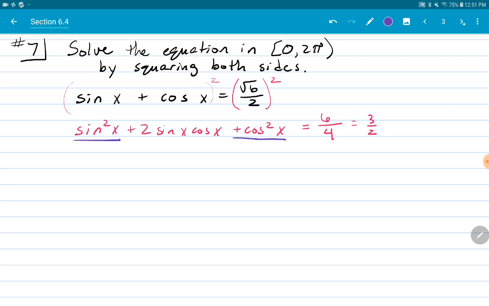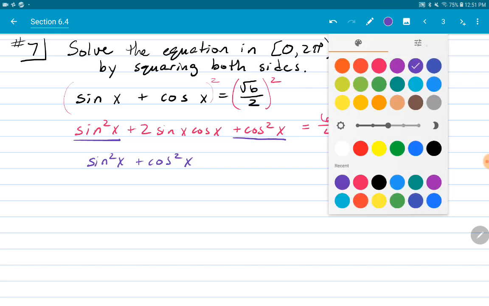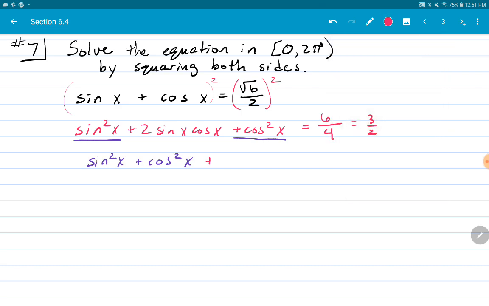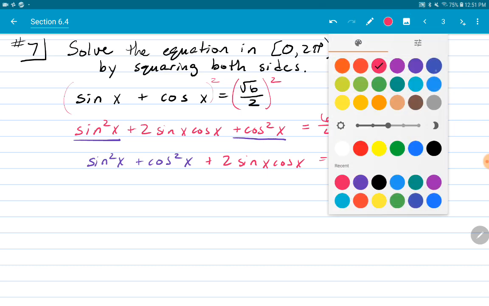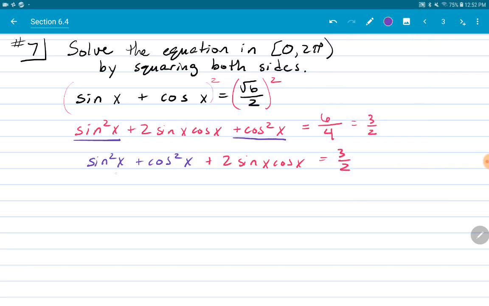So I'm going to rearrange this a little, putting those two together, so that I can replace that with just 1. So sine squared plus cosine squared is 1 by the Pythagorean identity. And then copy down the rest here.